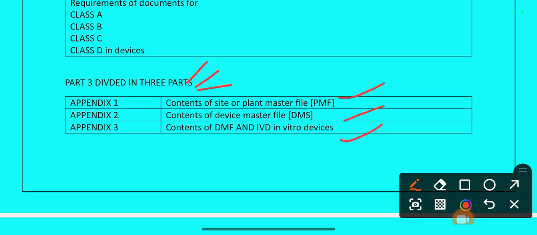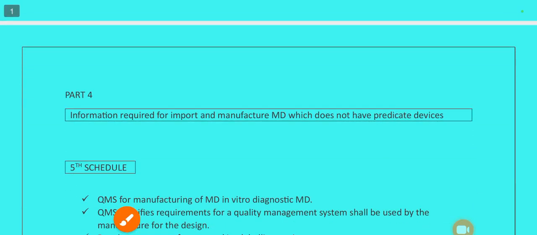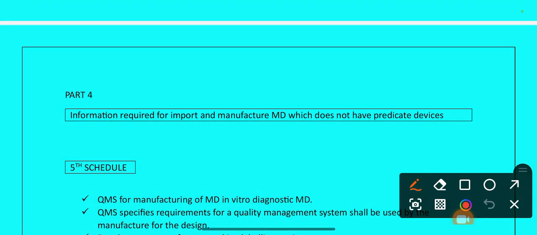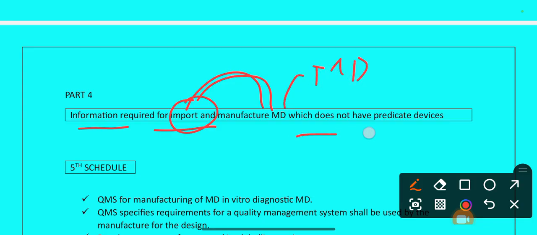Part 4 is information required for import only of medical devices which do not have predicate devices. This is called the fourth schedule in the medical devices rules.